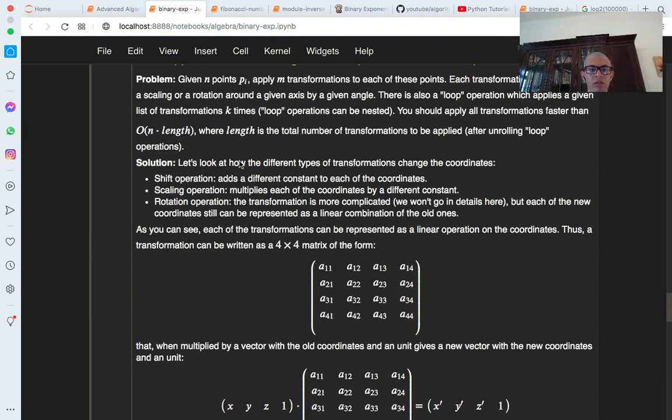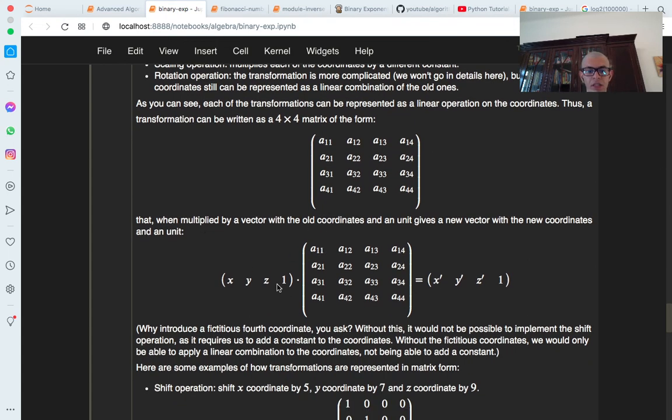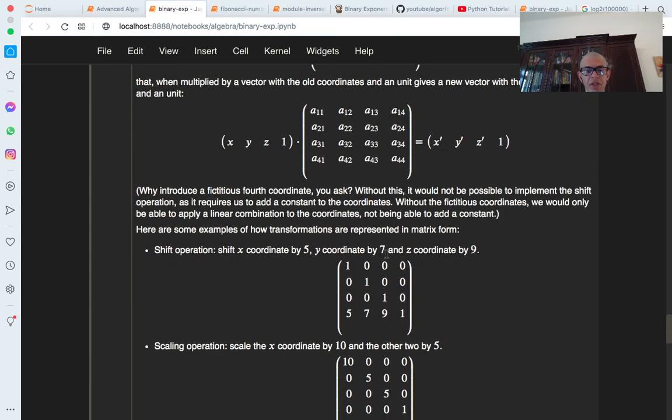And here the solution: we can have different transformations, and we can represent them as linear operations of the coordinates. Those can be written as a 4x4 matrix, and here we have the multiplication of the axis by those transformations.